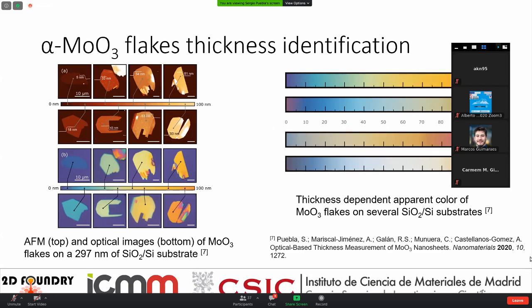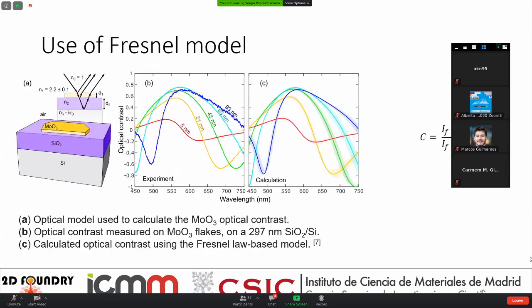These bars are from 88 nanometers of silicon dioxide to 297 nanometers of silicon dioxide, so there are different colors for different substrates. And you can use these color bars to identify the thickness quickly with an uncertainty of ±3 nanometers.